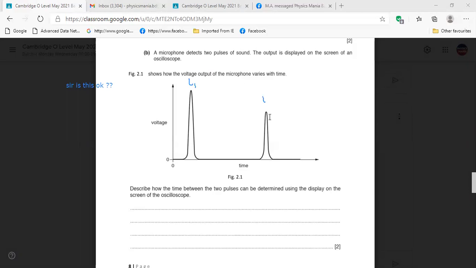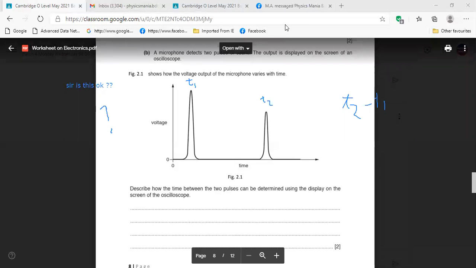So this is our example. Now the first one, you see I wrote here: determine the number of divisions between two peaks of the signal. Then multiply the number of divisions with the time base setting of the oscilloscope. Yes, sir. You understood it.